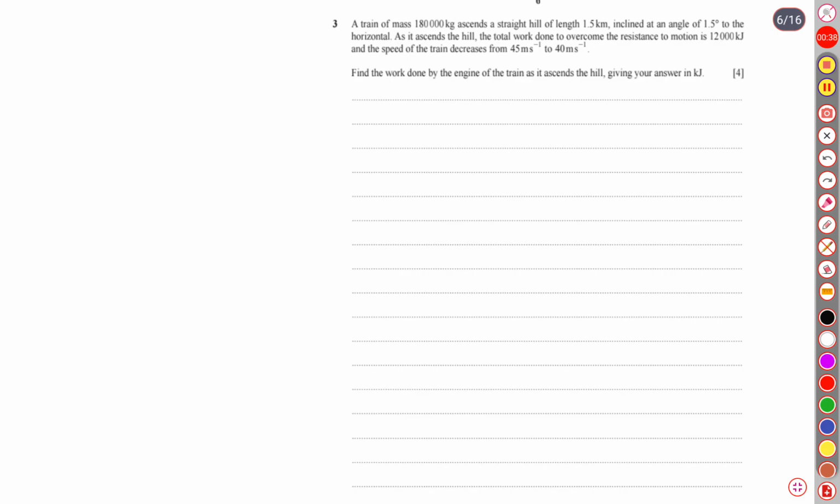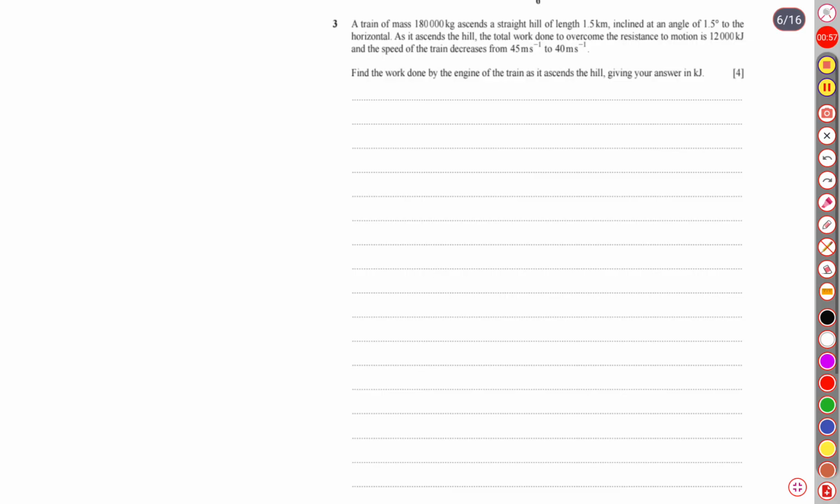As it ascends the hill, the total work done to overcome the resistance to motion is 120,000 kilojoule, and the speed of the train decreases from 45 meter per second to 40 meter per second. Find the work done by the engine of the train as it ascends the hill, giving your answer in kJ.